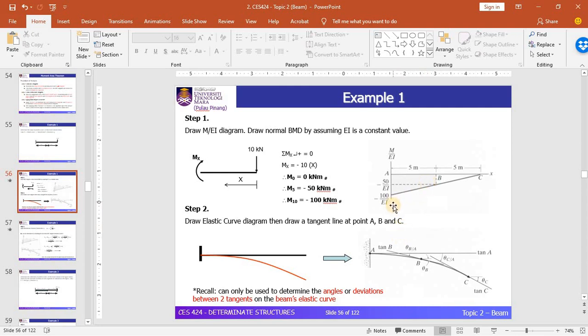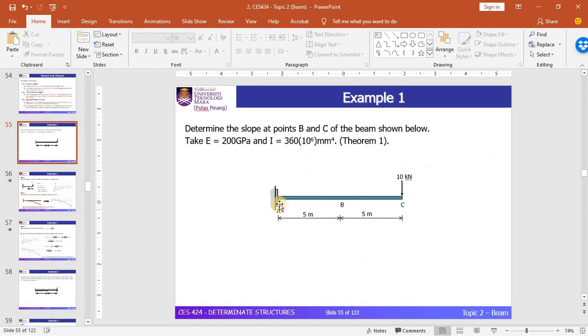Later we will return to this diagram in order to get the value of the angle at points B and C. In this example, we have a cantilever beam loaded by a point load, so this beam will deflect downward.